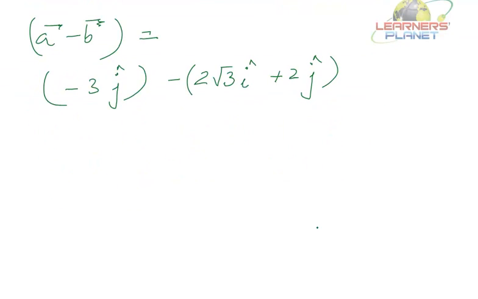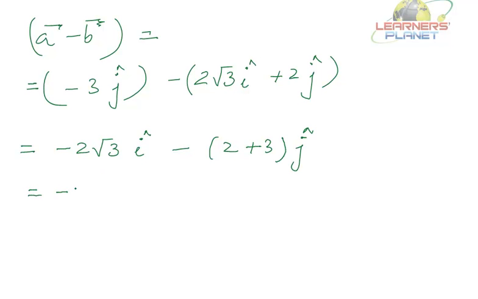So this can be written as minus 2 root 3 i cap minus of 2 plus 3 j cap, or minus 2 root 3 i cap minus 5 j cap.